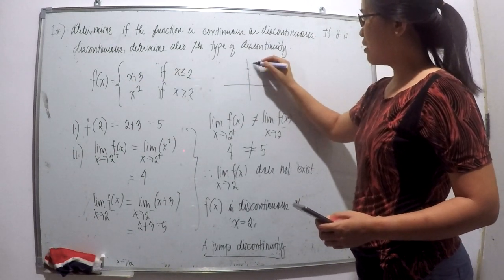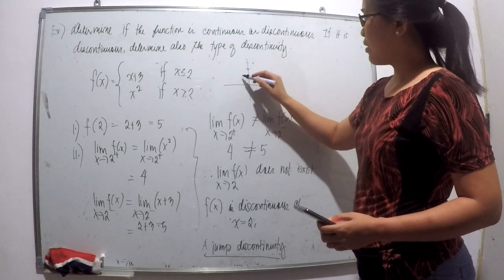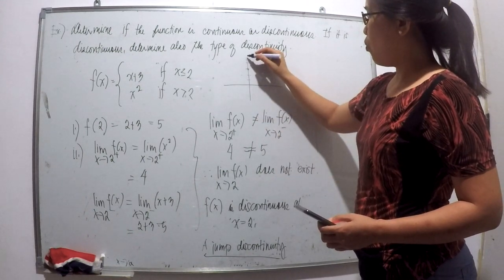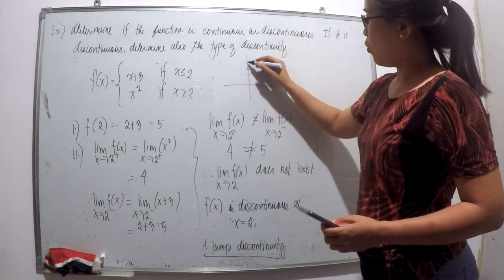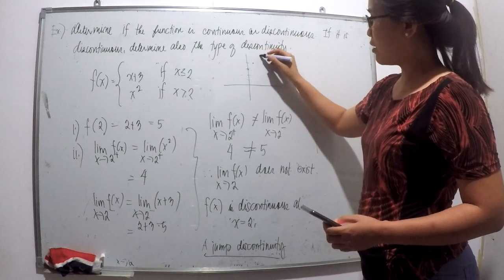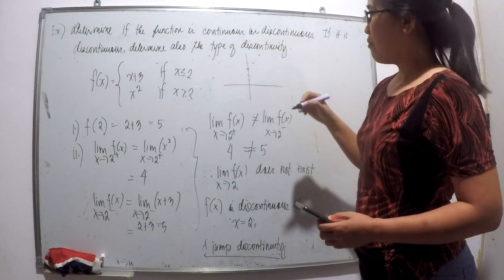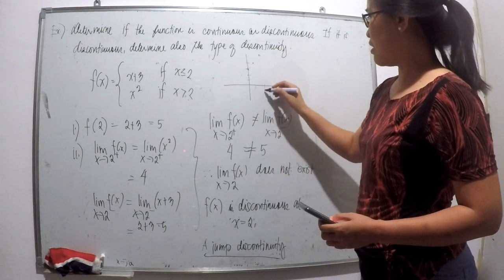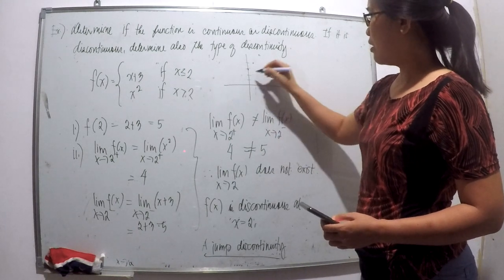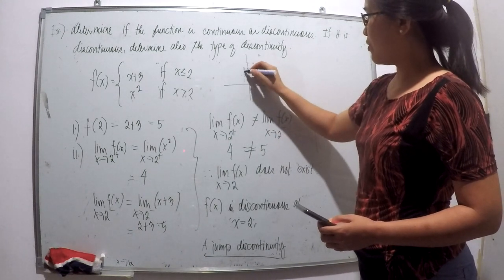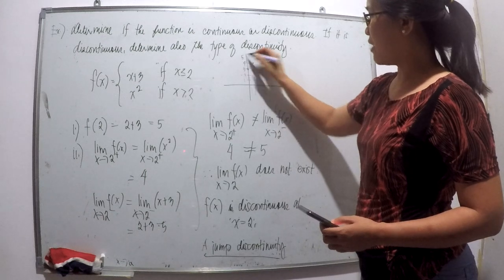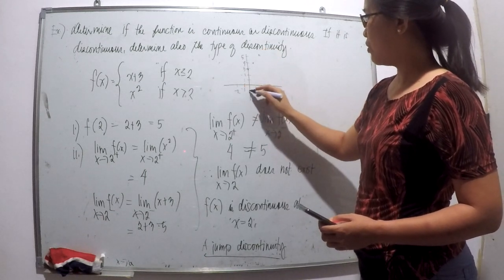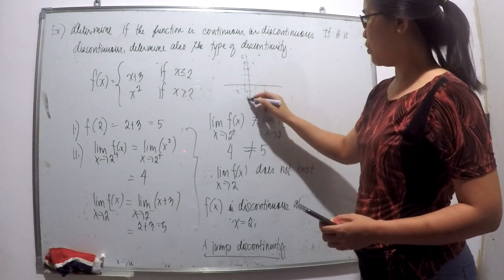On the axes, this is 1, this is 2, and this is 1, 2, 3, 4, and this is 5. This is negative 1, negative 2.